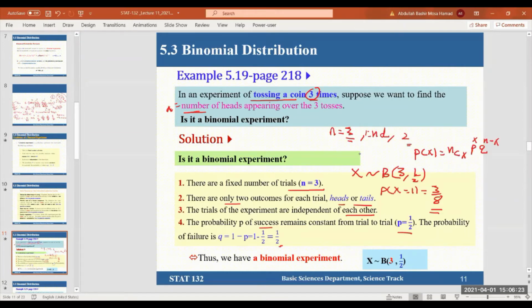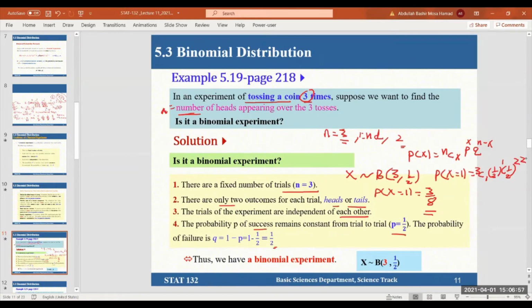So n is 3, p is half. If p is half, q is also half, right? So P of X equal 1 equals 3 combination 1, half power 1, q also half power 3 minus 1, which is 2. 3C1 is 3.